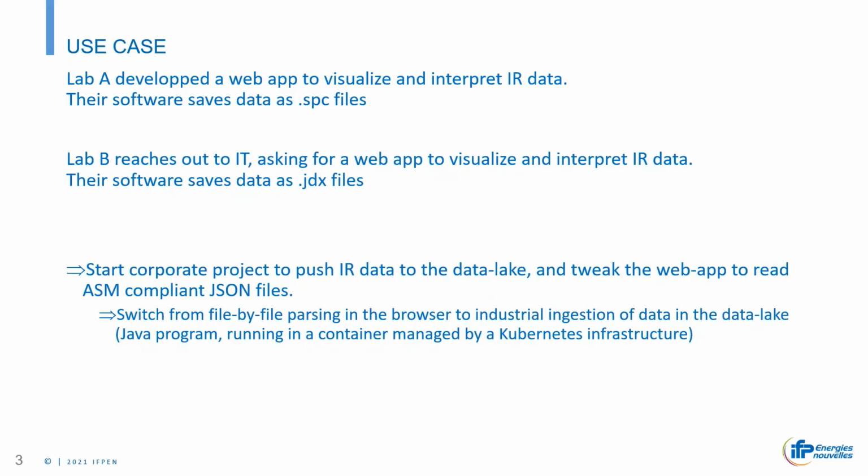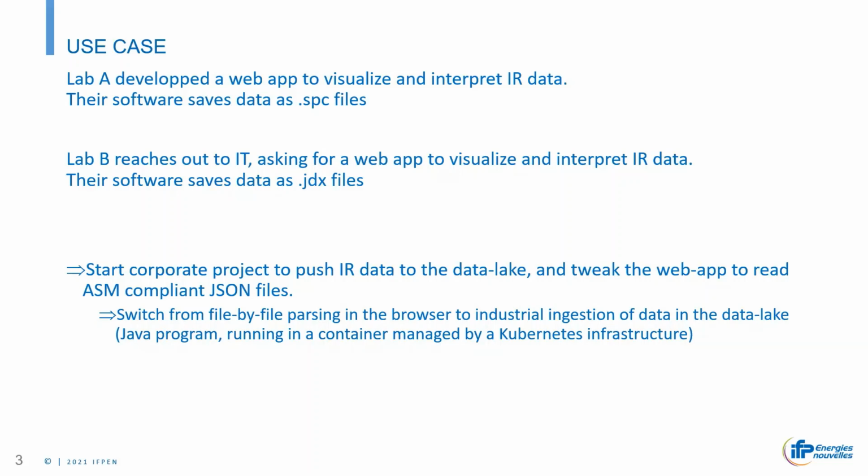So what we decided was to push all of our infrared data to a data lake, and then have the web app read from the data lake. And the question comes, what is the correct format to put in the data lake? Should we use SPC files? Should we use JDX files? And we chose to use ASM compliant JSON files.